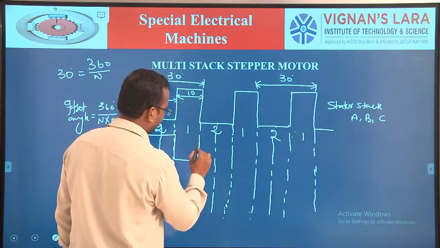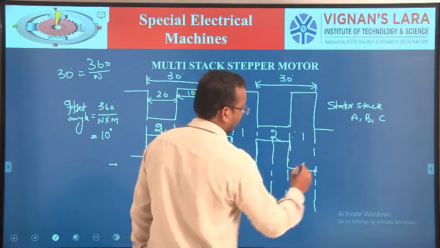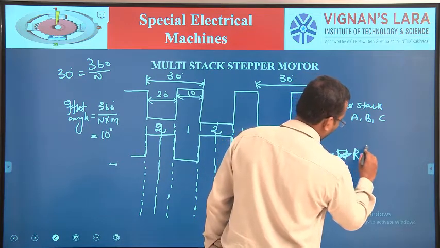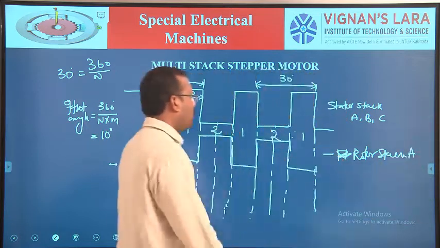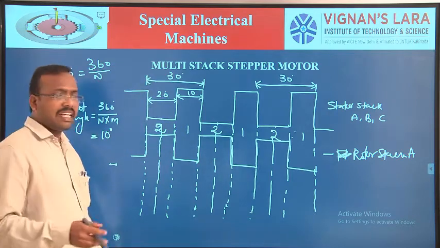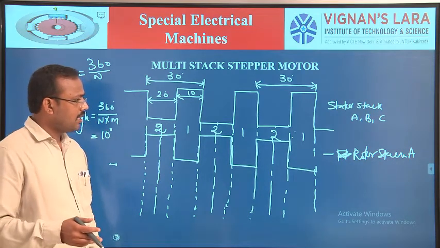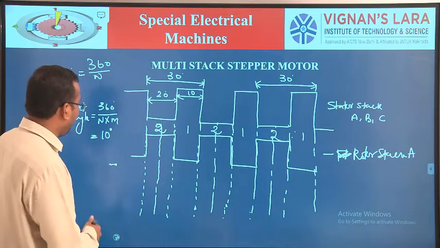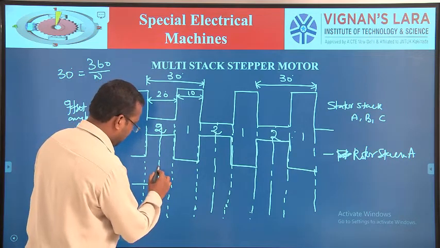This is A. It is a stator, rotor, stack A. Now, what is the offset angle? Offset angle or step size is 10 degree. For the rotor stack B, the offset angle is 10 degree. So what we'll see, the stator stack B like this, 10 degree.